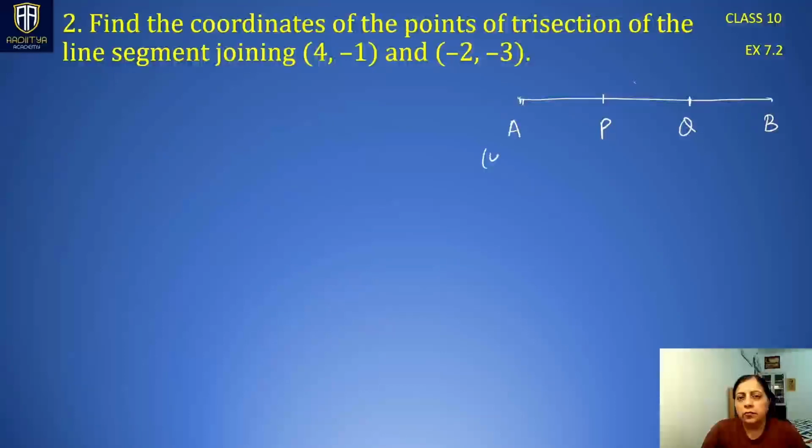A is 4, -1. B is -2, -3. So we have to find the coordinates of P and Q. Now if you assume that AP is equal to PQ is equal to QB, that means we have trisected line segment AB.